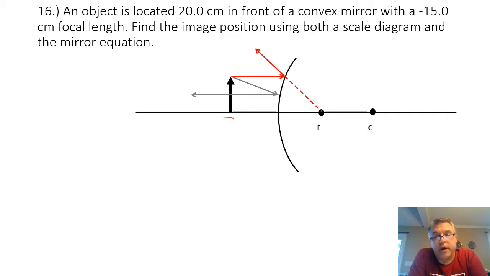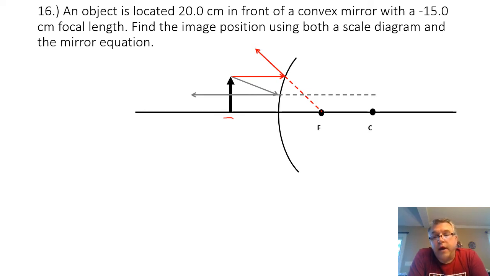So in the second ray, the incident ray is lined up with the focal point, and the reflected ray is parallel with the principal axis. And again, if I trace the reflected ray back behind the mirror, I can see where it intersects with the reflected ray from my first ray.